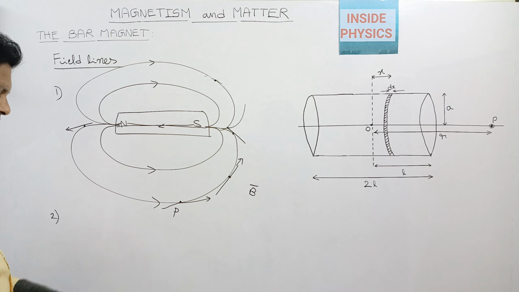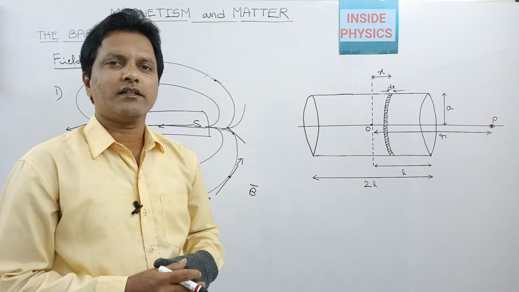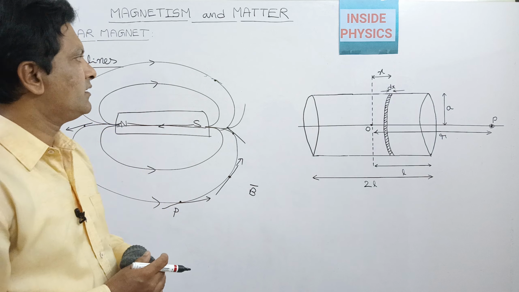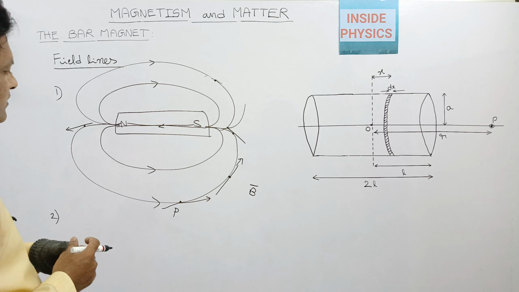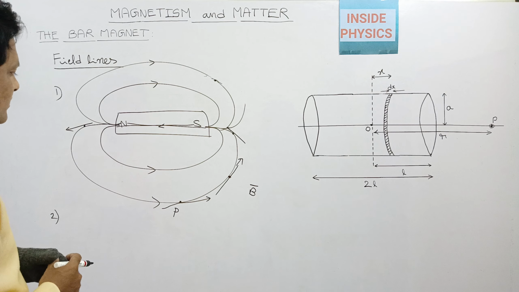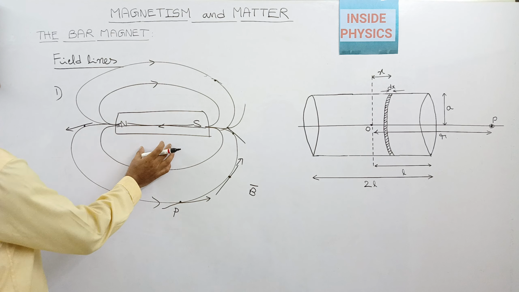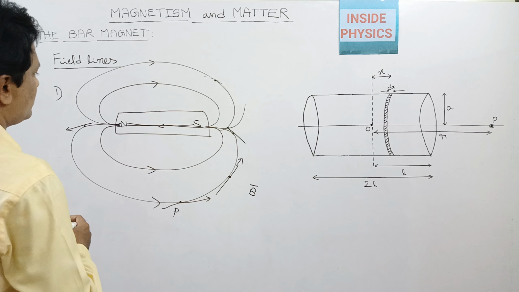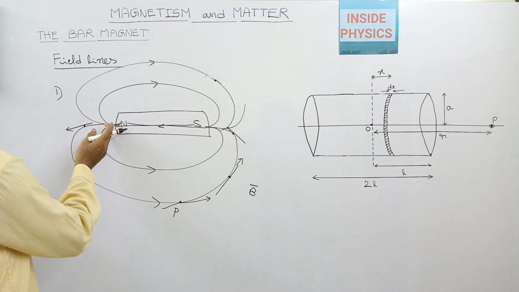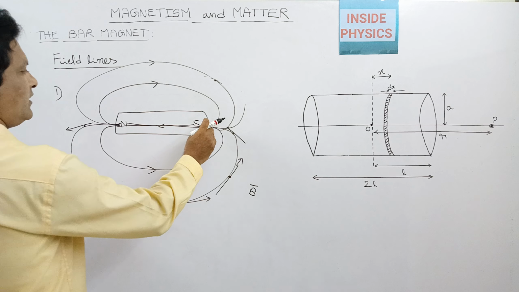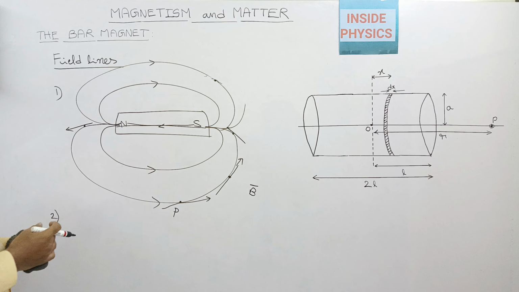These are some of the characteristics of magnetic field lines, and you can draw these field lines by placing a compass needle near the bar magnet. The compass needle will be deflected at different points in different orientations.